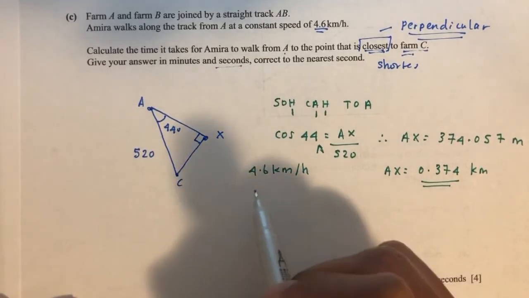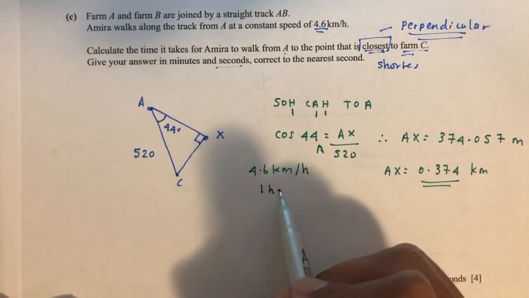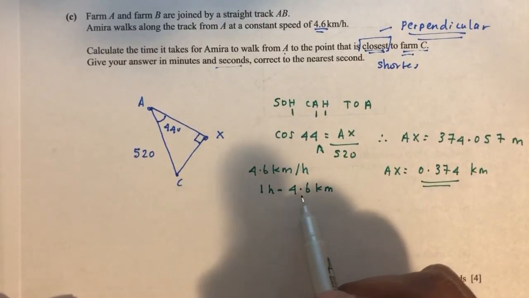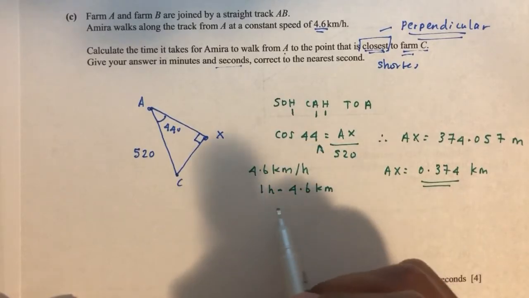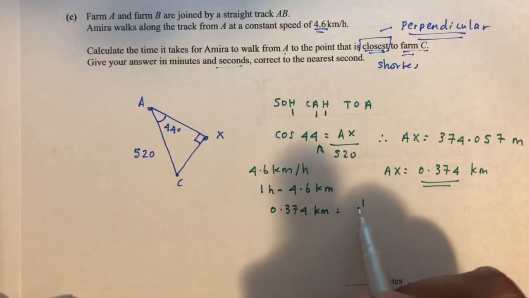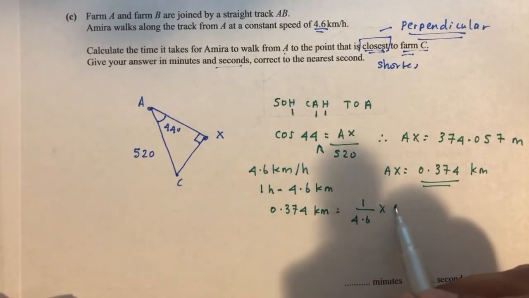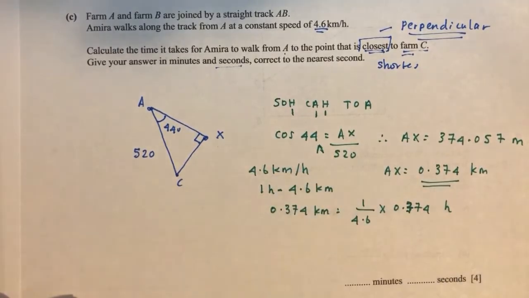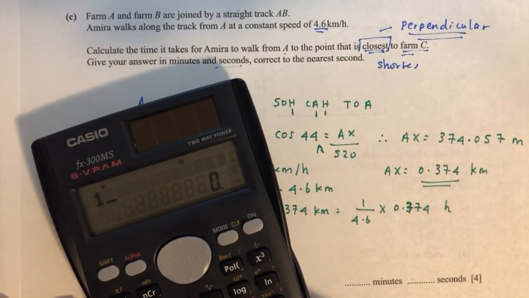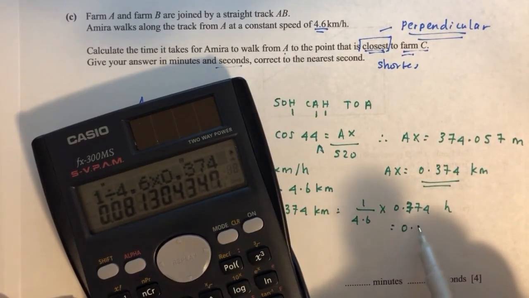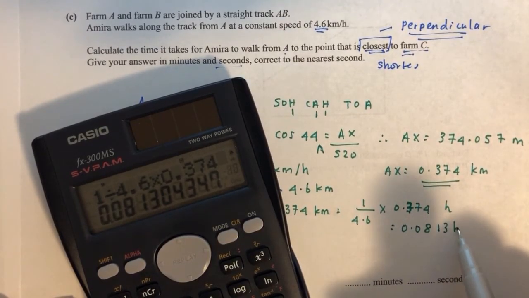Now the speed: it takes 1 hour to do 4.6 km. So how long does she take to do this distance? It will be 1 divided by 4.6 times 0.374 hours. Let's find that. 1 divided by 4.6 times 0.374 hours will be 0.0813 hours.